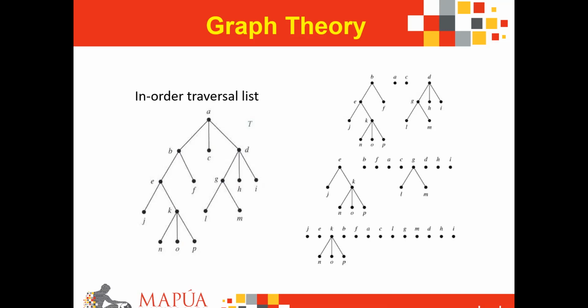And finally, vertex K still has children, and if we subdivide and place the children on either side of parent K, you'd end up with vertex N on the left and vertices O and P to its right, therefore completing your in-order traversal list, which now starts with vertex J, E, N, K, O, P, B, F, A, C, L, G, M, D, H, and I.